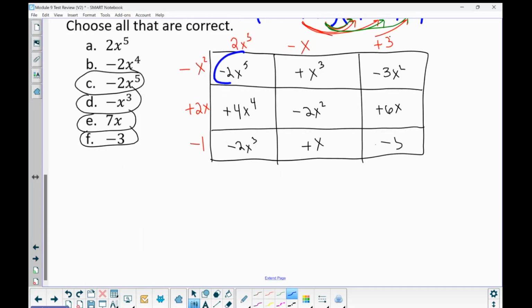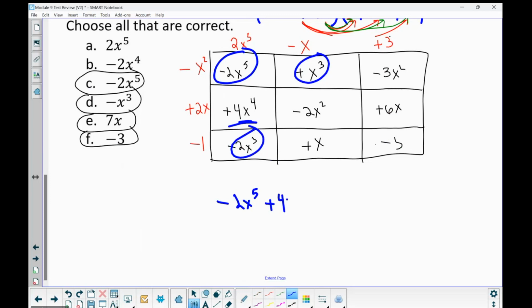So we start with our highest degree, negative 2x to the fifth. We've got a power of 3 here and a power of 5 by those. That's going to give me negative x to the third. Then we've got, oh, we skipped one, we skipped the 4. So we're going to put this one first.